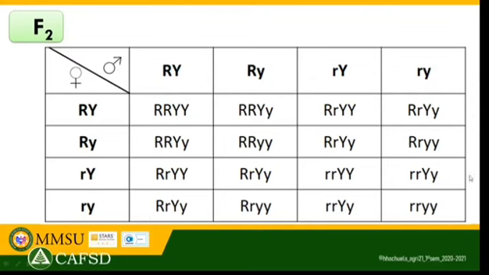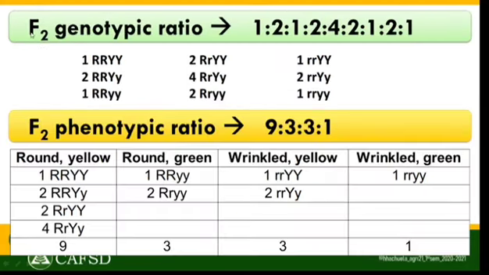This is how to construct a Punnett square. Now, to determine the genotypic ratio, we just count those genotypes that are the same. We have only one of this kind, and then two of this kind, one of this kind, two of this kind, 4, 2, 1, 2, and 1.